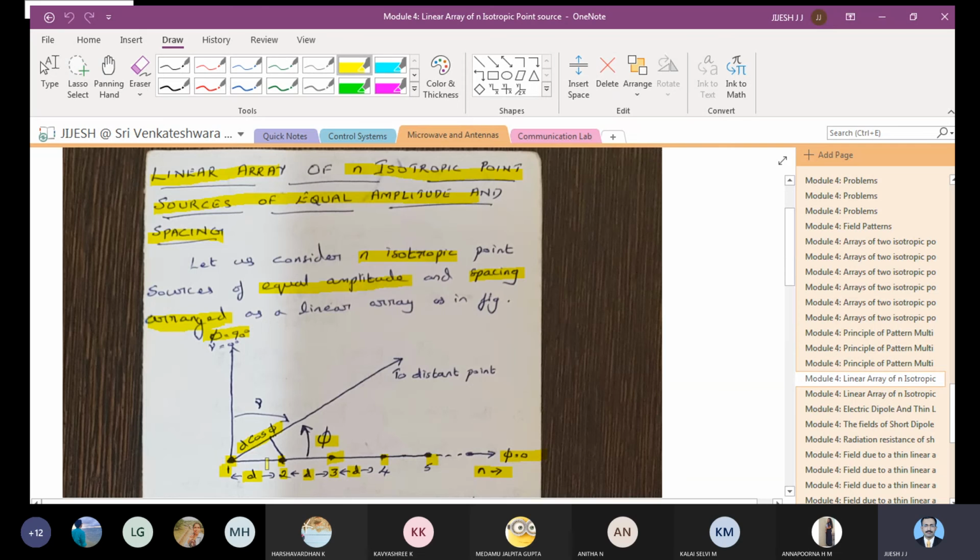You can see that source 1 and source 2 are separated by d, source 2 and source 3 are separated by d. So each source is separated by a distance of d. From here on we will discuss in the next class, the linear array of n isotropic point sources of equal amplitude and spacing.